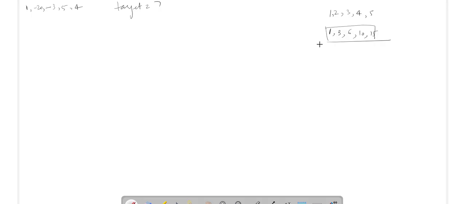Once we have the prefix sum, we can use that to get the sum of a subarray. Now, if our subarray happens to be in the beginning, right here somewhere, then we can simply get the prefix sum and compare that with the target that is given.